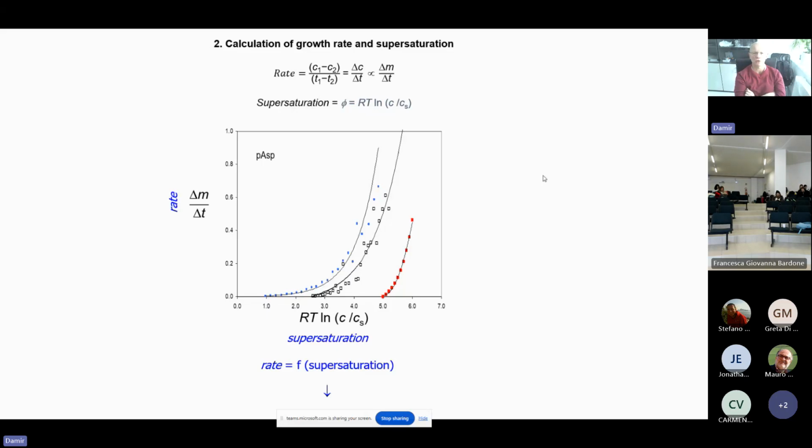The supersaturation is a calculated value, and you can see here that in this system, the rate curve shows supersaturation started at a higher value. So supersaturation goes down and finally finishes at supersaturation 0. There is no growth.